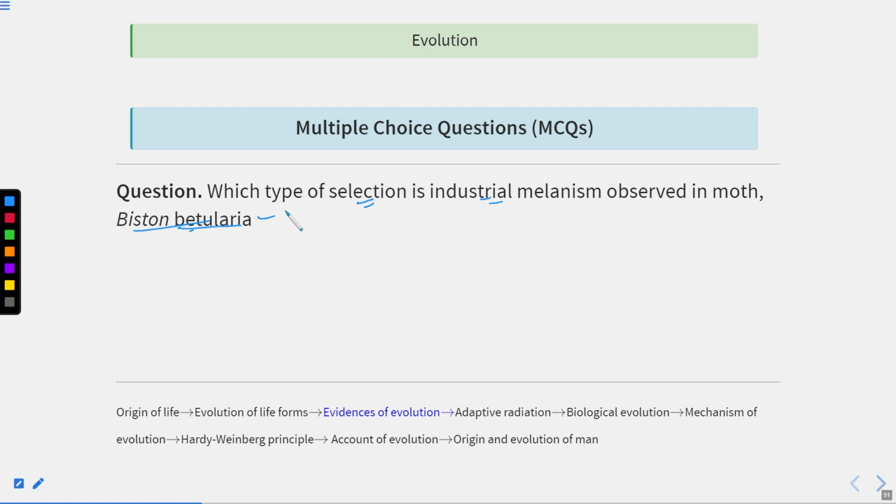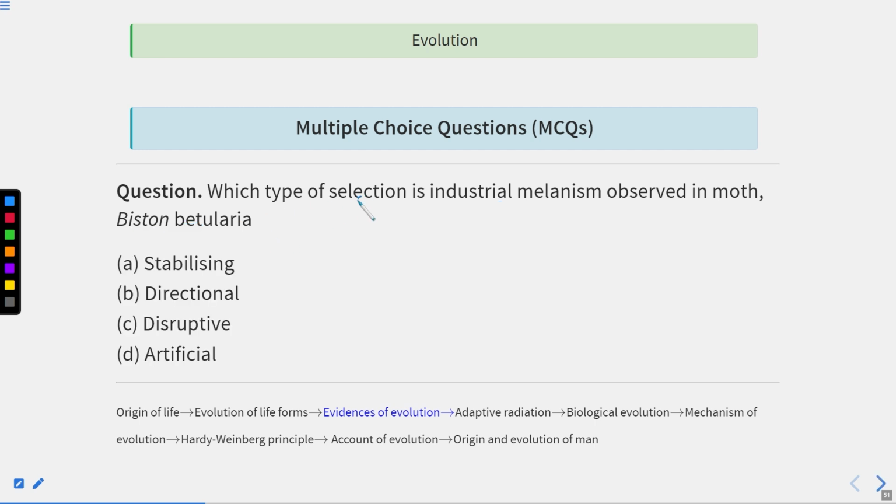Then as the carbon content increased in the environment, this carbon got settled on the trees. So this light colored variety was quite visible and it was eaten up by the predators, whereas the dark colored moth survived because it was able to camouflage against the dark colored environment.